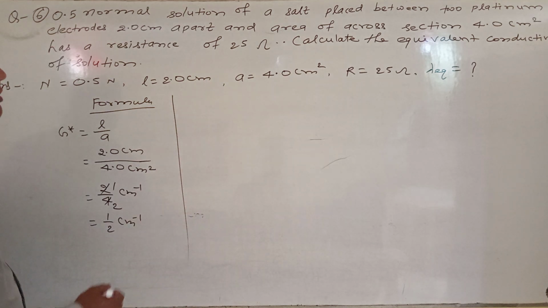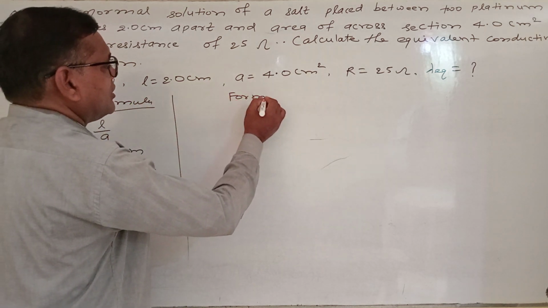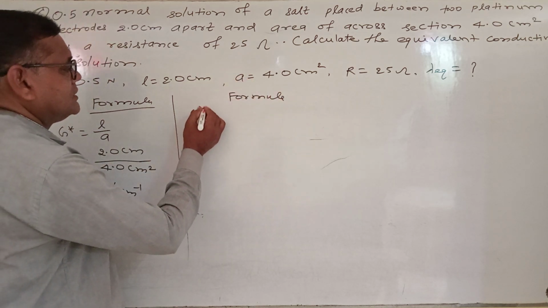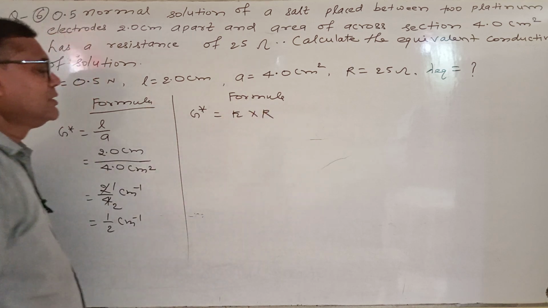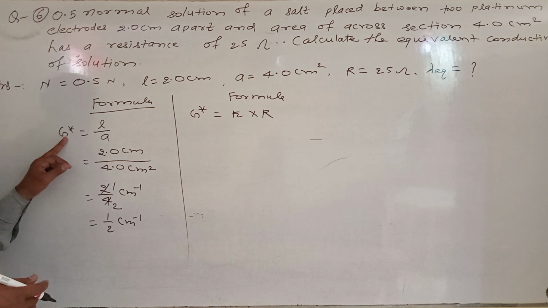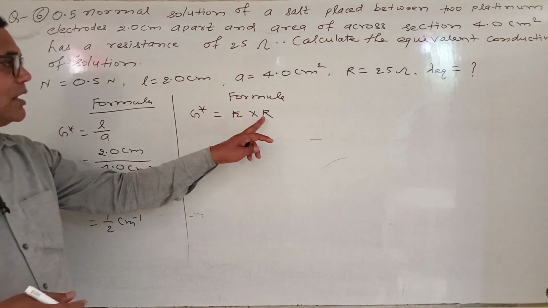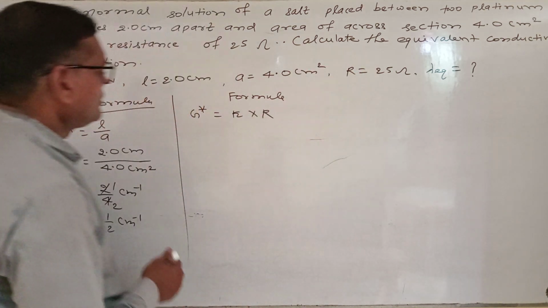Now we write next formula. We know that G star is equal to kappa into R. We calculate the value of G star, which is 1/2. The value of R present in the question is 25 ohm.